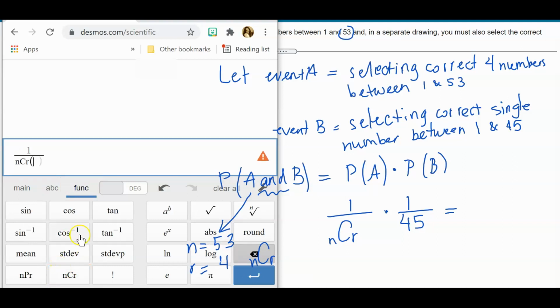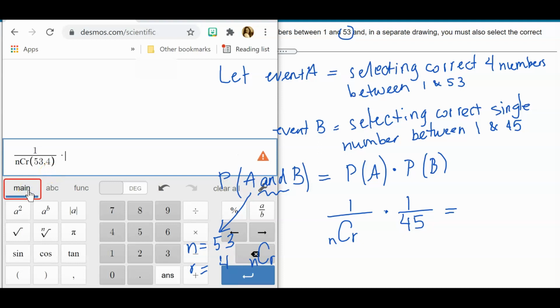Then you need to enter N first, 53 in this case, comma, R, 4, we need 4 numbers out of 53, close parenthesis, exit out of the denominator, times, go to the main menu, 1 out of 45, and it will give you the scientific notation because it already divided 1 by whatever the denominator is. And you can see it's a very, very small probability because it has 10 to the negative 8 power.